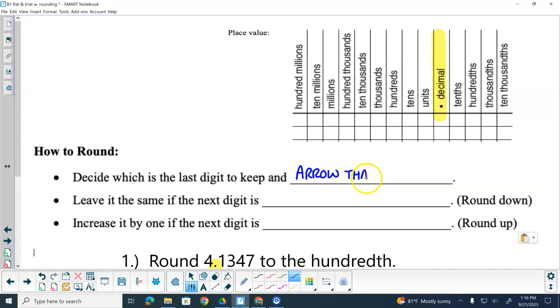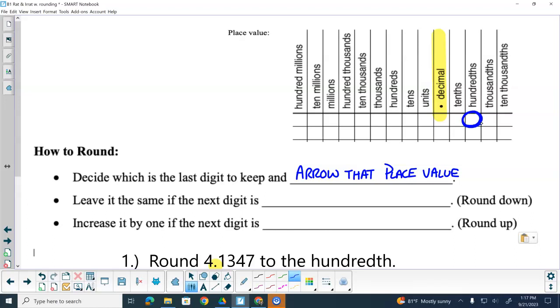So if I am going to round to the hundredths, I arrow that place value. The hundredths is 2 to the right of the decimal point.